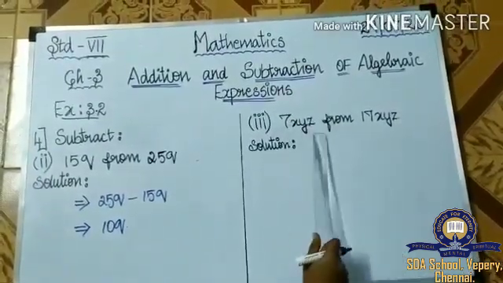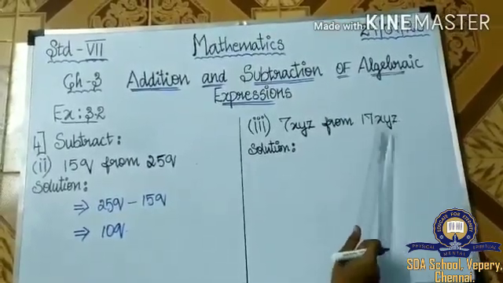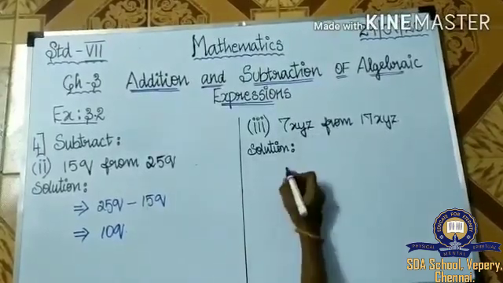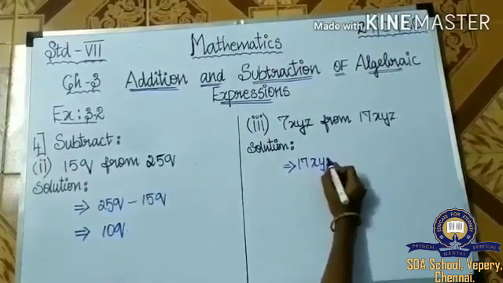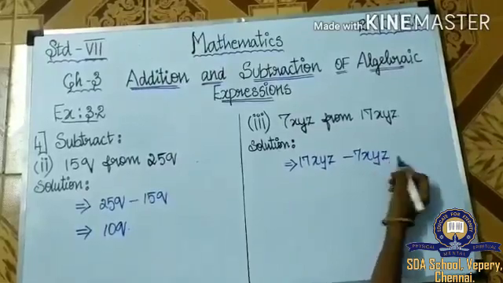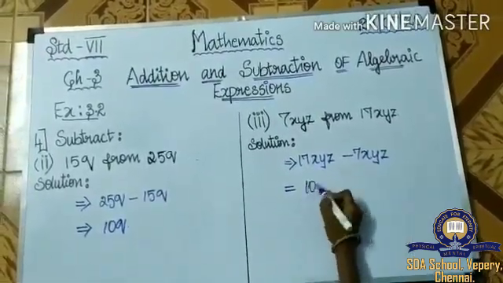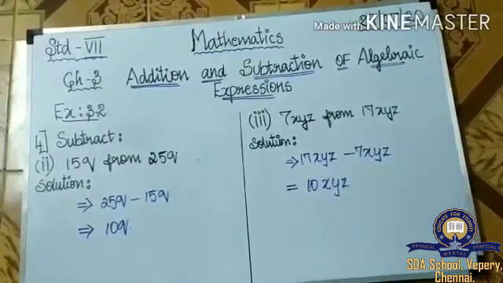So 7xyz from 17xyz means 17xyz minus 7xyz. So you write 17xyz minus 7xyz. We subtract 17 minus 7, we will get 10, with the same xyz. Okay, are you clear, students?